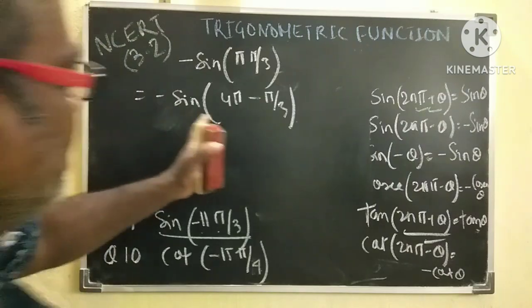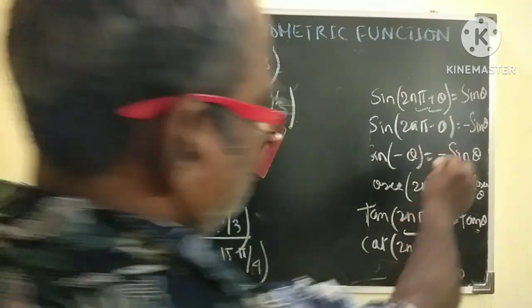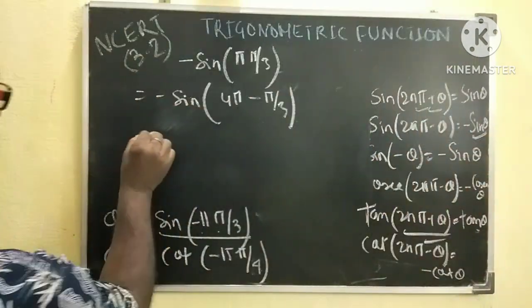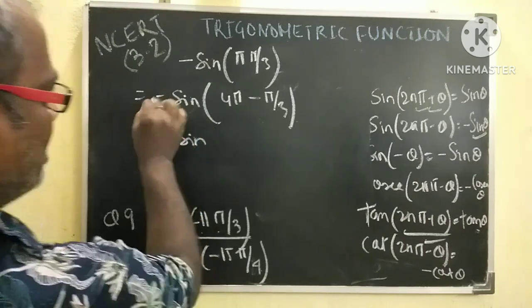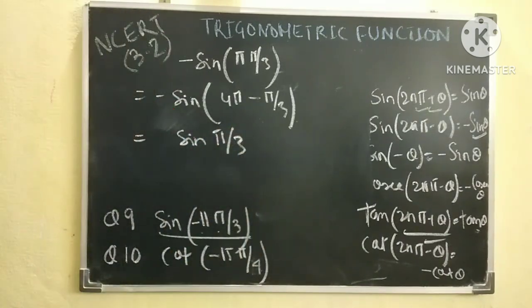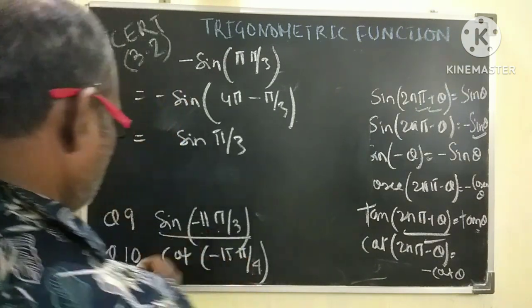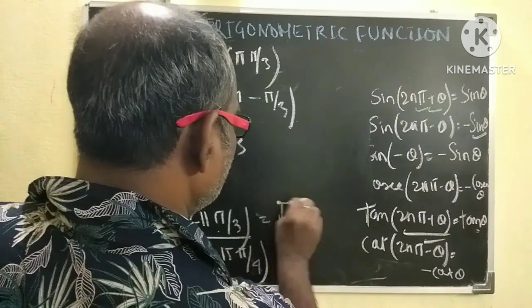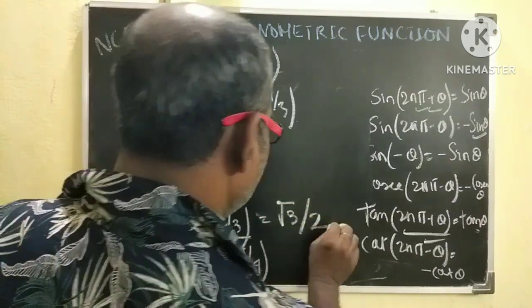So again sine of minus theta is minus sine theta. So we get plus sine of pi by 3. Pi by 3 means 60 degree. So sine pi by 3 gives us root 3 by 2. So this equals root 3 by 2.